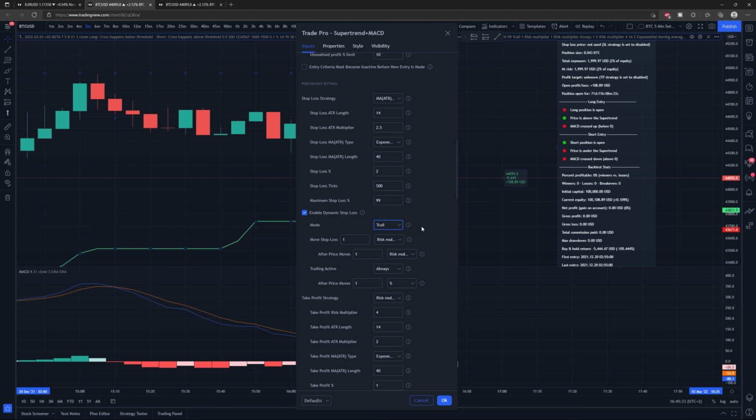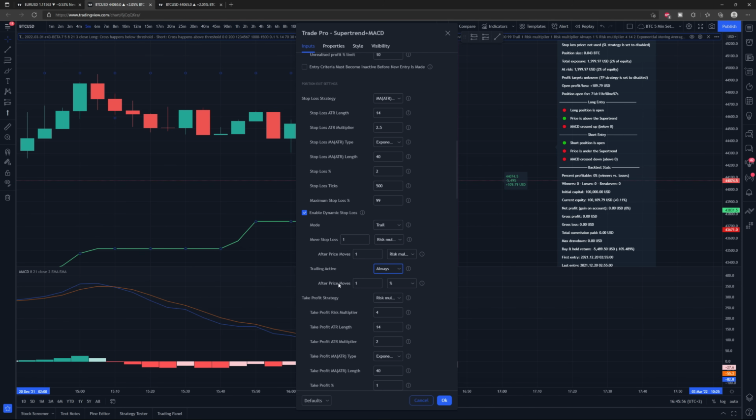So if the trailing stop loss, you can have it trail based on your stop loss strategy set up here. And you can also choose if you want it to have trailing active always, if you want it to only go after moving the stop loss, or after price moves. And what these things are talking about is based on what is showing right here.